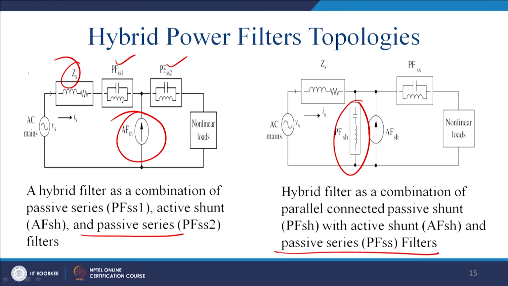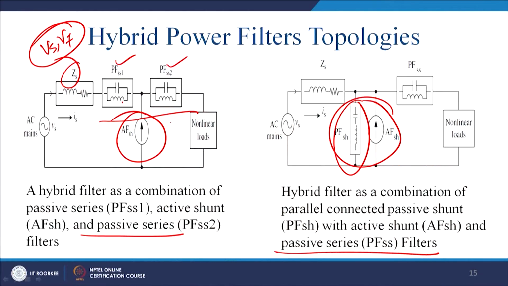If your source inductance is low, then the fifth harmonic voltage and seventh harmonic voltage will all be low, but you may have a good quantity of the fifth and the seventh harmonic current, then you go for this solution. Once you find that the fifth and seventh harmonics are quite high because of the high source inductance, then we may go for this combination.